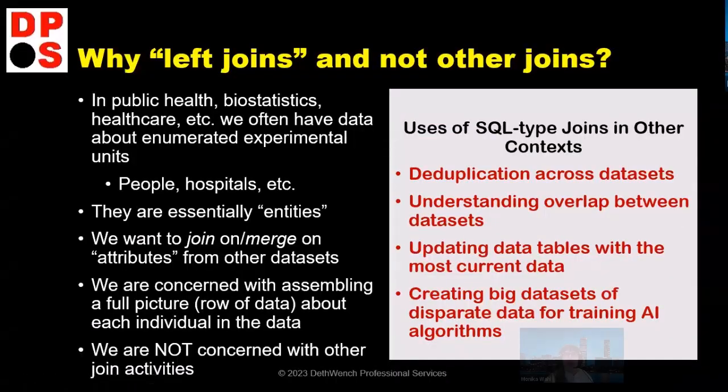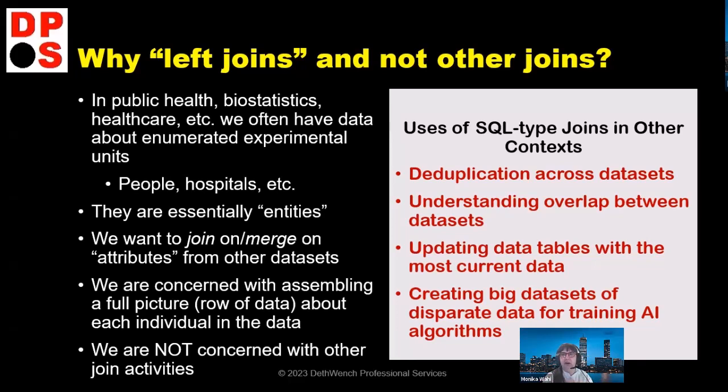So in public health, biostatistics and healthcare, we often have data about enumerated experimental units, like people or hospitals, and they are like entities. If you're from informatics, each time you have a table, the primary key is about an entity.